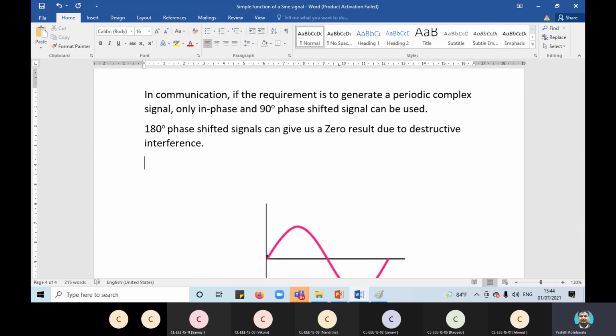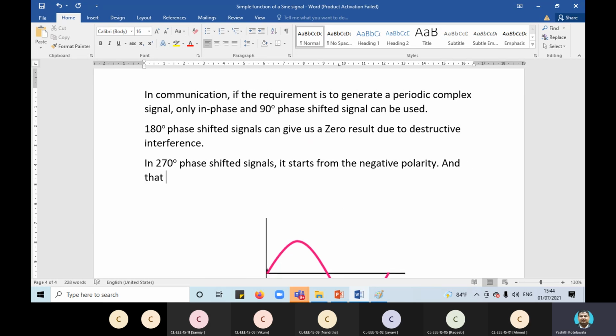Now, 270 degrees phase shifted signals. Let me say, in 270 degrees phase shifted signals, from the negative polarity, that will lead the outcome to become non-periodic.